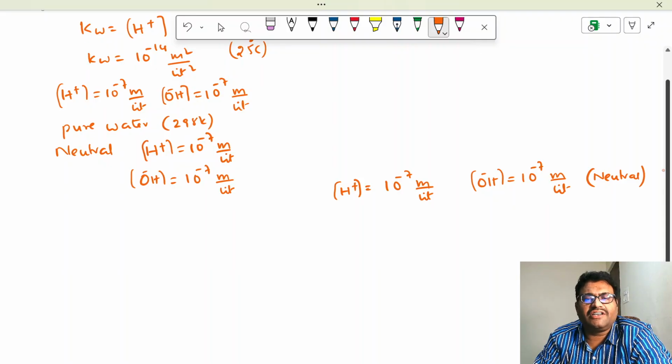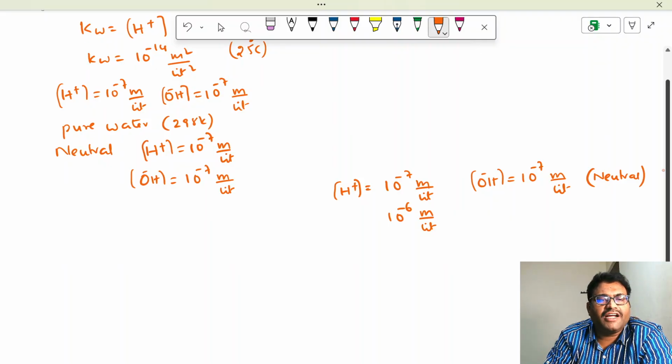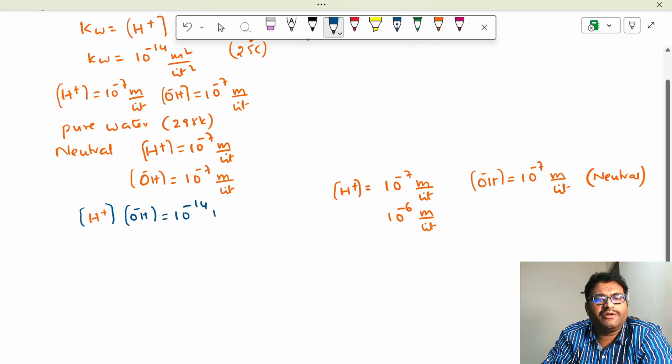If H plus ion concentration is greater than 10 power minus 7, that means 10 power minus 6 moles per liter, then what will be OH minus ion concentration? We know that H plus ion concentration into OH minus ion concentration is equal to 10 power minus 14 mole square per liter square. You are given H plus ion concentration 10 power minus 6.